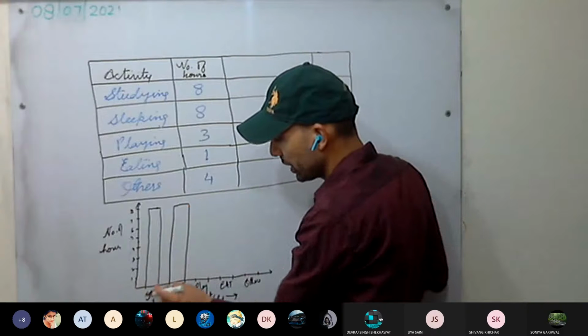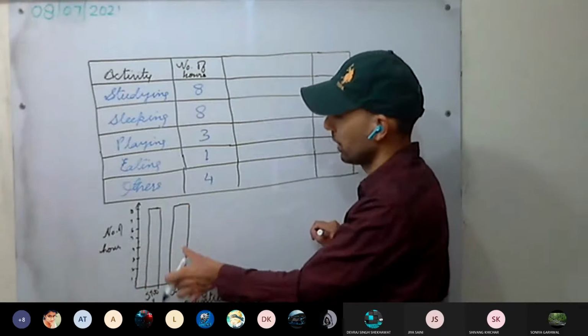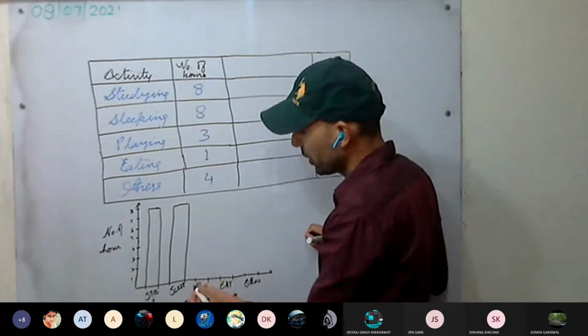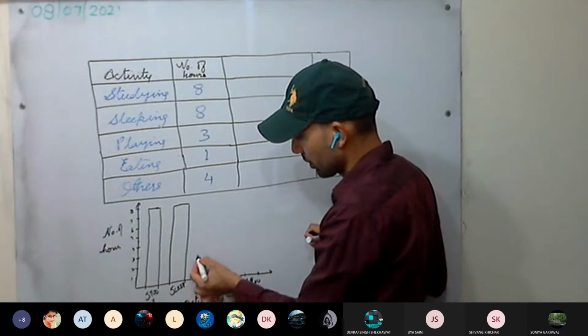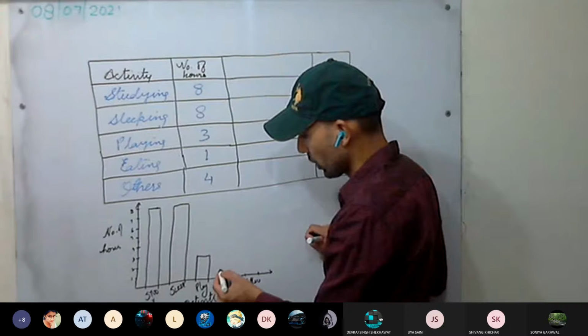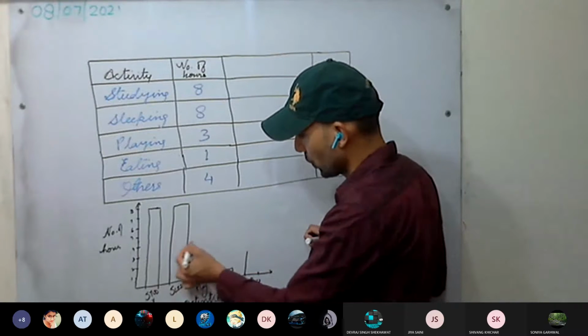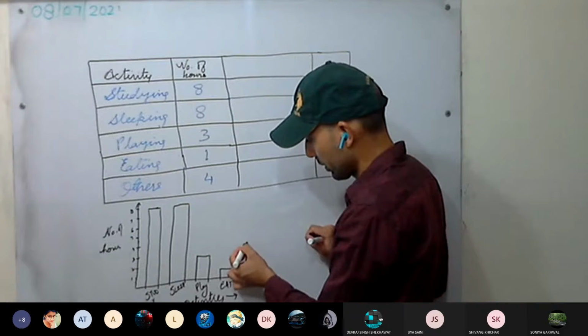Always remember there is a gap between each activity and each bar is of the same width. Length is different. Playing only 3 hours. Eating 1 hour. Others 4 hours, so up to 4 we will make.